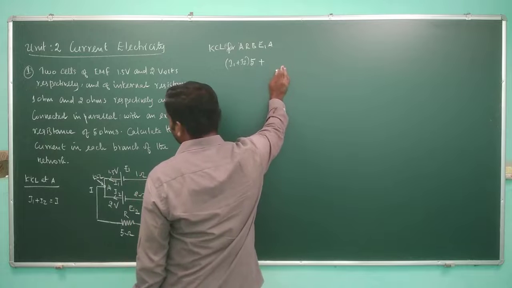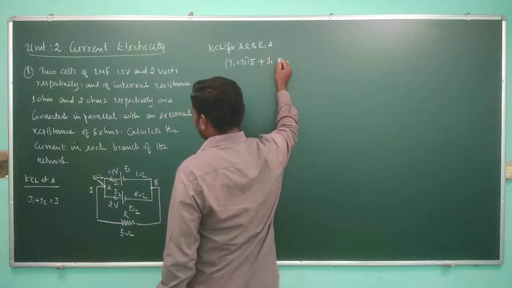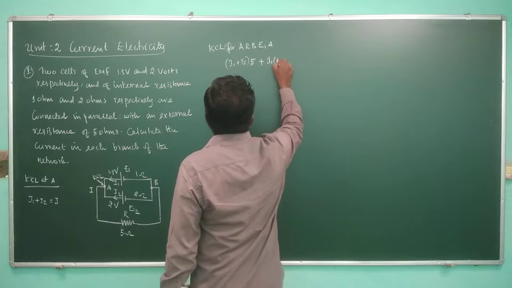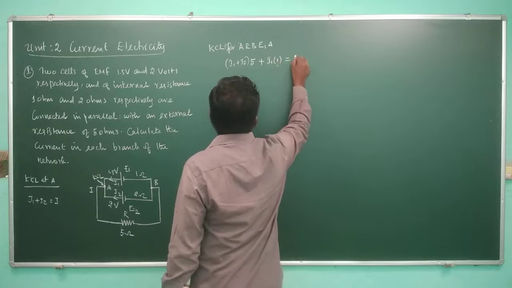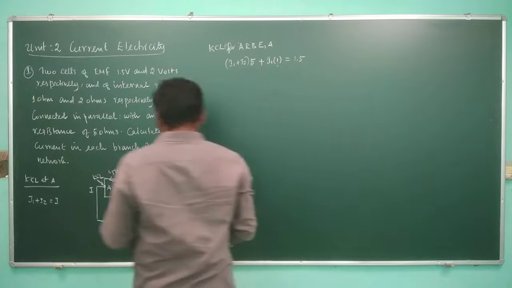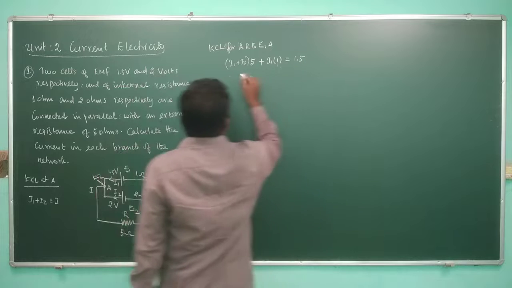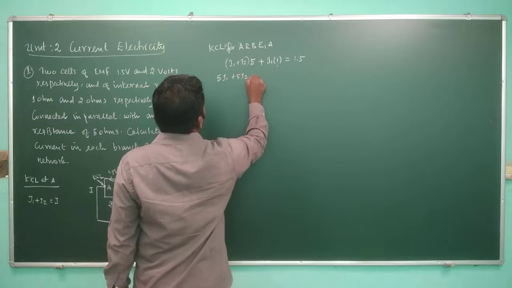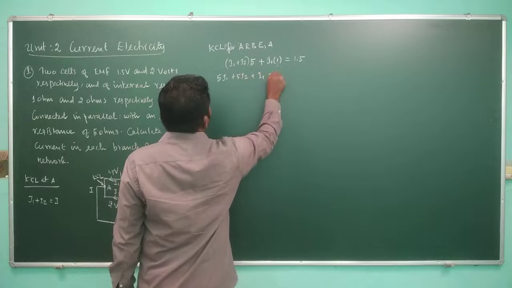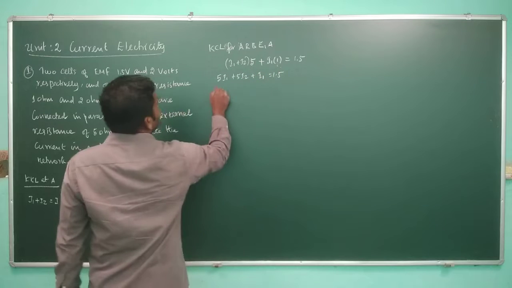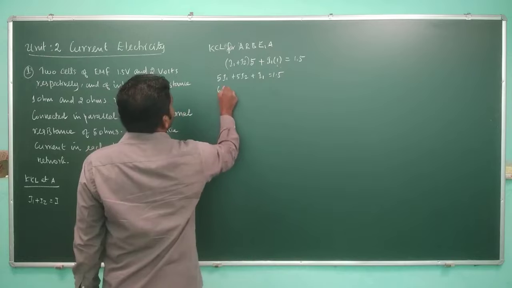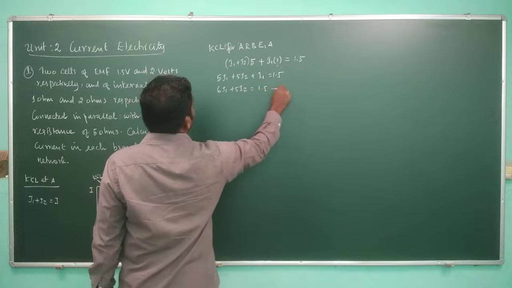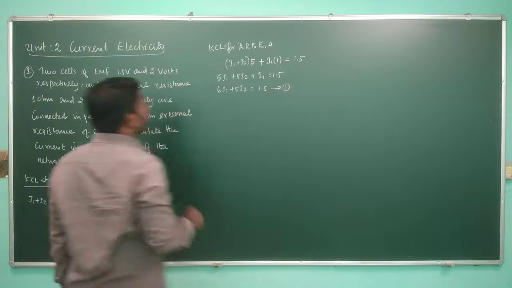I into R. We don't know what is I, so it is I1 and R is 1 ohm. So you have to multiply by 1, which is equal to 1.5. You can rewrite this as 5I1 plus 5I2 plus I1 equal to 1.5, so that 6I1 plus 5I2 equal to 1.5. This is equation number 1.